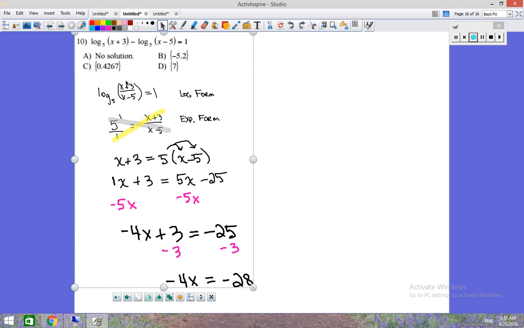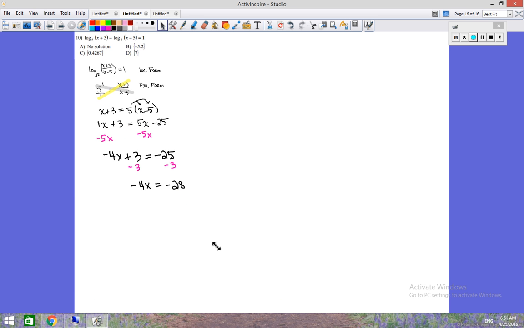The inverse of multiplication is division. We'll divide both sides of the equation by the coefficient, divide both sides by negative 4. We have a possible solution of 7, because negative 28 divided by negative 4 is positive 7.